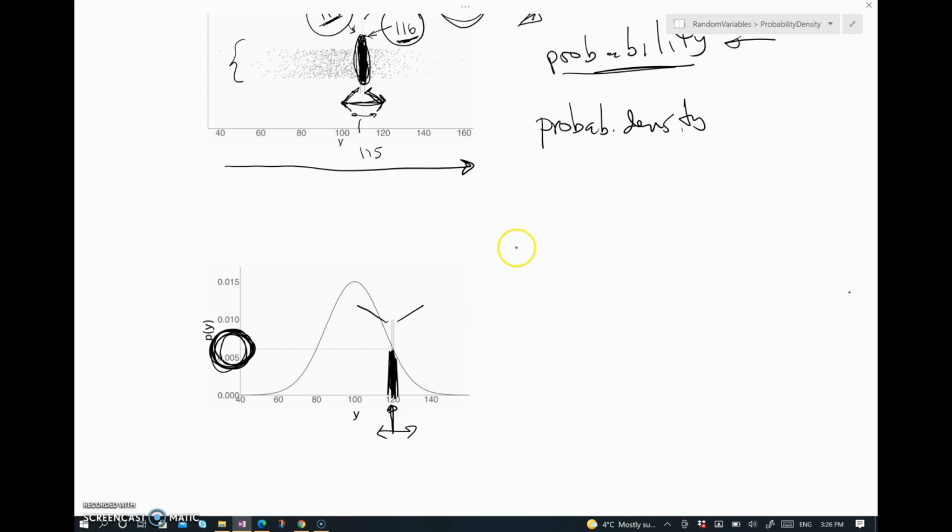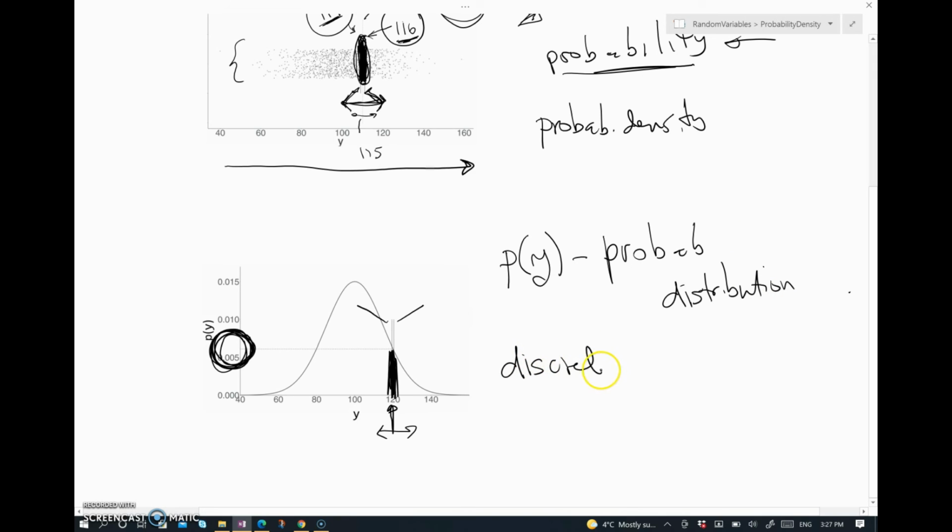Now, the terminology can get a little bit confusing. We'll write P of y in this workshop as the probability distribution. The thing to remember is that if we're talking about a discrete variable, we're going to be thinking about probability mass, although we usually won't use the word probability mass, we'll just use probability.